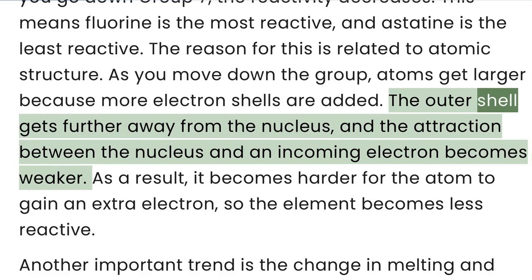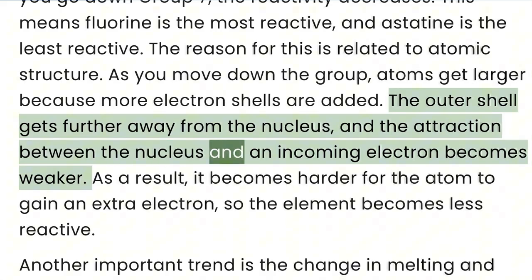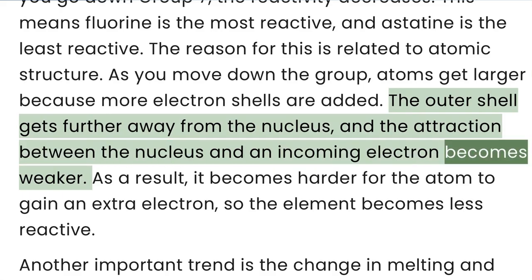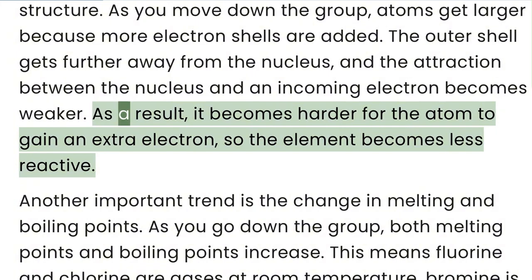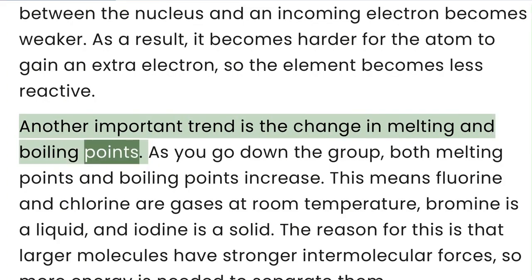The outer shell gets further away from the nucleus, and the attraction between the nucleus and an incoming electron becomes weaker. As a result, it becomes harder for the atom to gain an extra electron, so the element becomes less reactive.